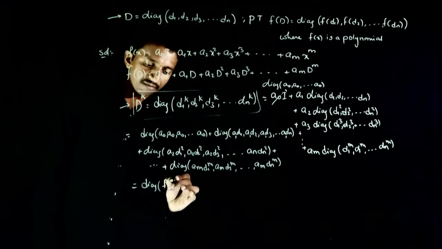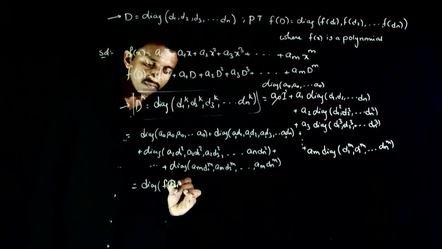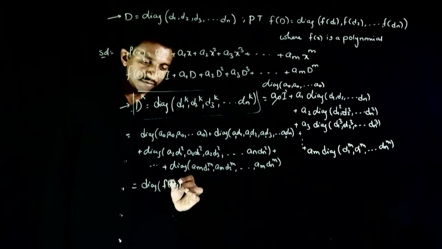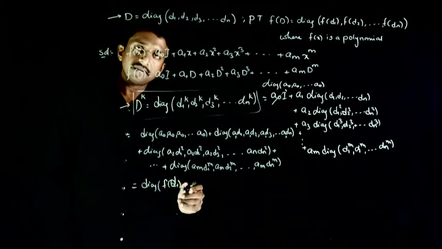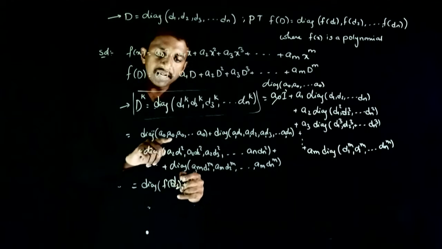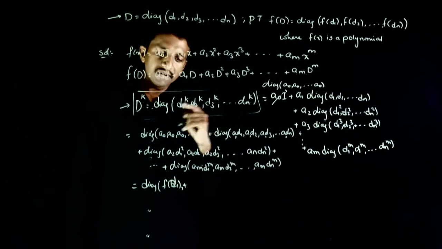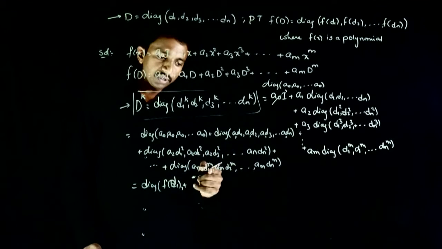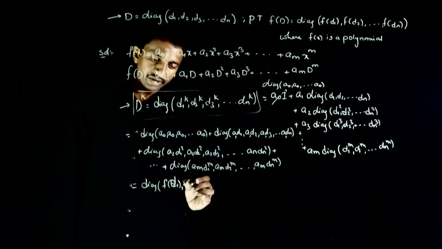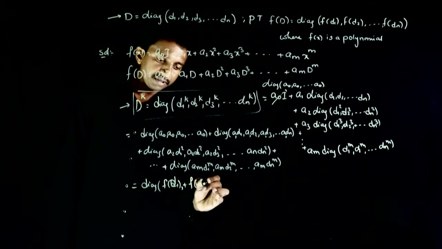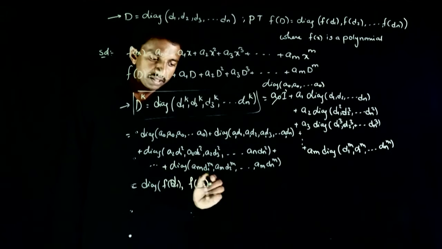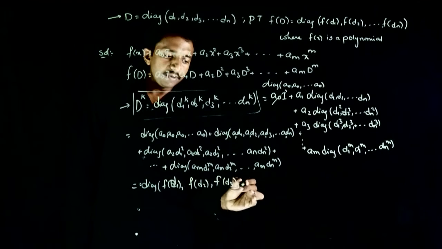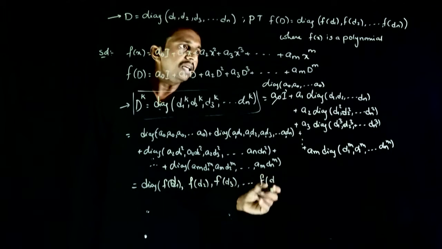It's nothing but f of d1, comma, second element क्या होगा, a0 plus a1 d2 plus a2 d2 square plus a3 d2 cube, so on up to am d2 power m. That is nothing but f of d2, comma, next element is f of d3, up to so on f of dn.